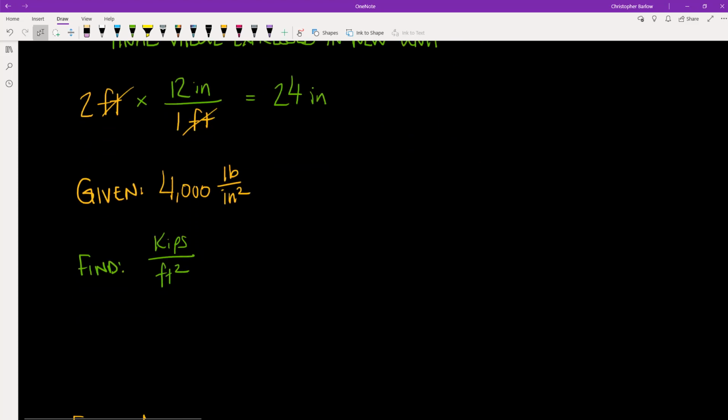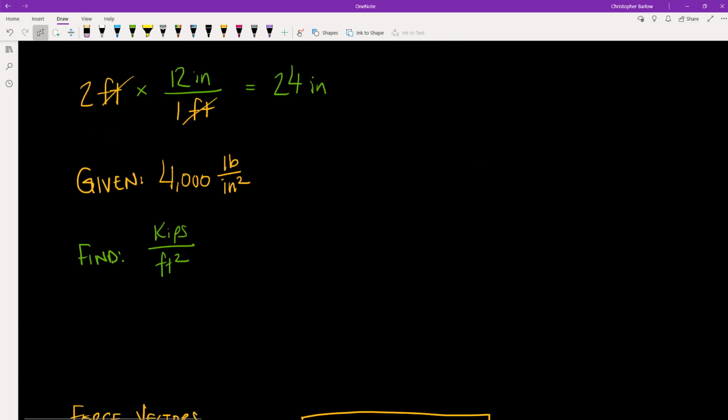But now let's look at a little more challenging example. Say we are given a value of 4,000 pounds per square inch. So when you see this unit of measure squared, we are no longer talking about a distance, but we're talking about an area. So this would be inches.